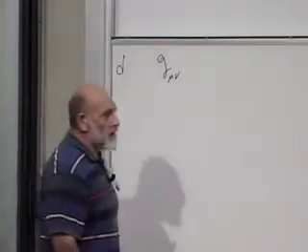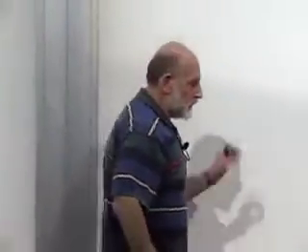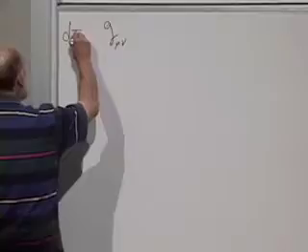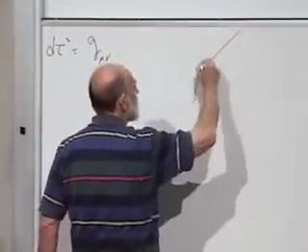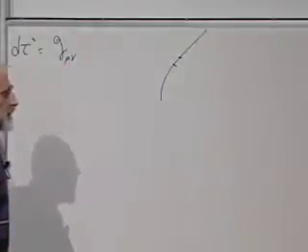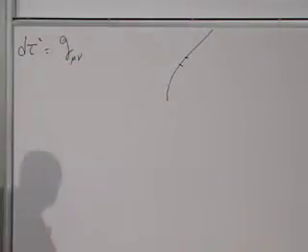Instead of calling it ds squared, since s is usually the label for distance in space, one calls it d tau squared because it's more like time. Proper time along a trajectory has a little interval along the trajectory.